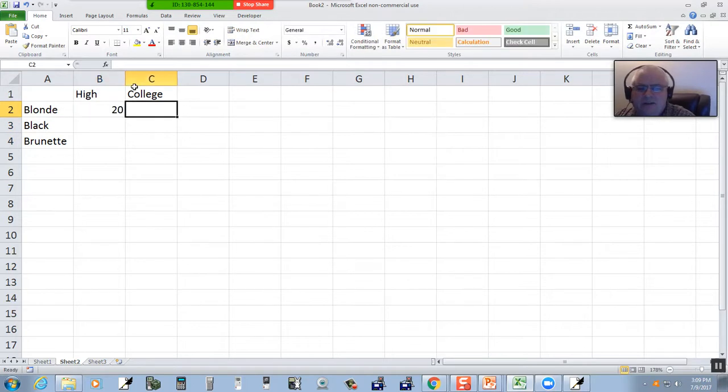And 20 here, 10, 5, 23, 17. Whatever these might represent. So, if I look at this cell right here, this would represent for high school students, how many of them have blonde hair. This would represent for college students, how many of them have blonde hair. Black hair, how many high school students, how many college students, and so forth.